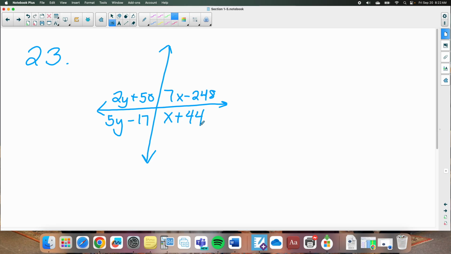Do you guys get that these two form a line together? So what we would do with our y's then is we would say 2y plus 50 plus 5y minus 17 equals 180. We have two angles here that form a straight line. So once we find y, that is our answer.